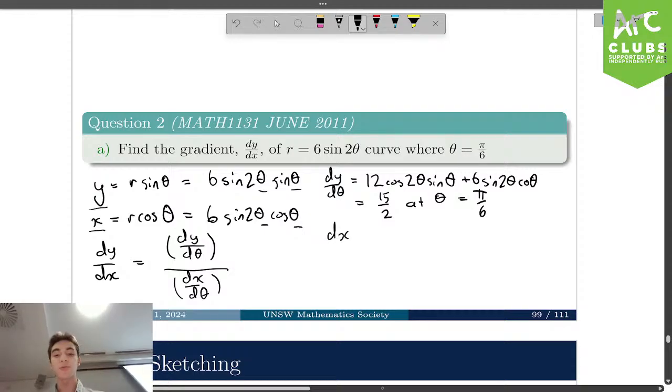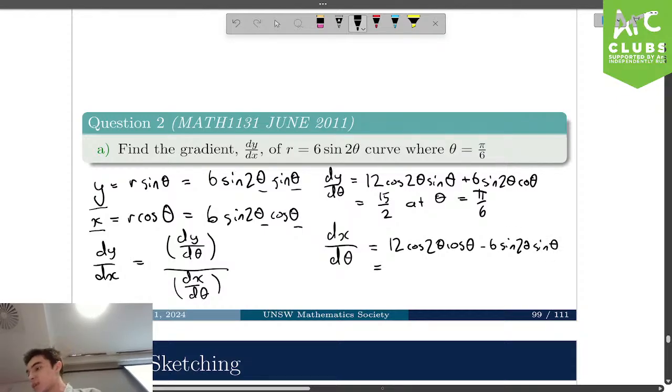And the derivative of x with respect to theta ends up being 12 cosine 2 theta cos theta minus 6 sine 2 theta sine theta, which ends up being 3 root 3 on 2 at pi on 6.